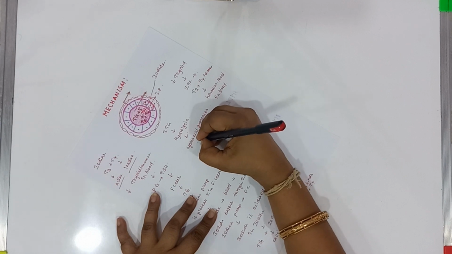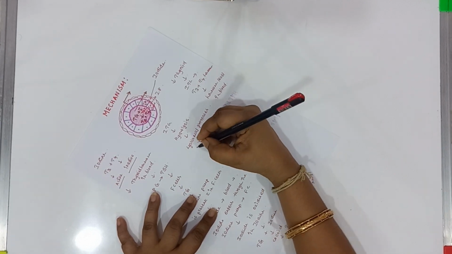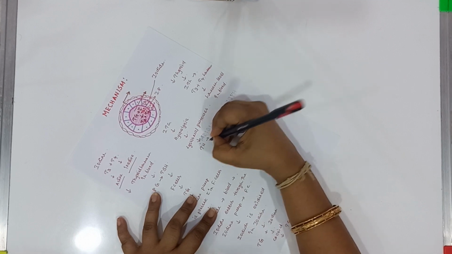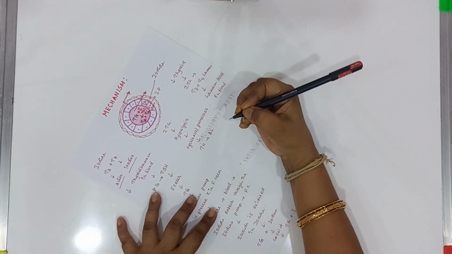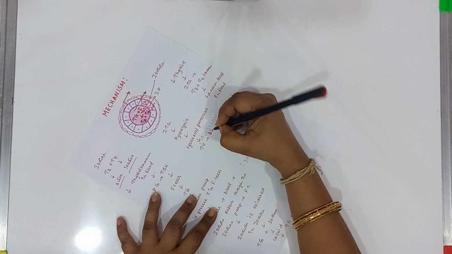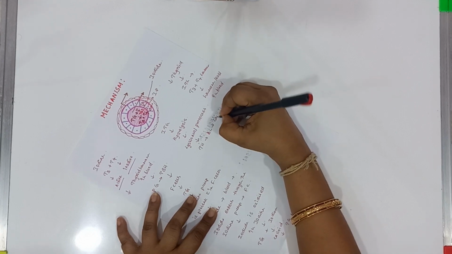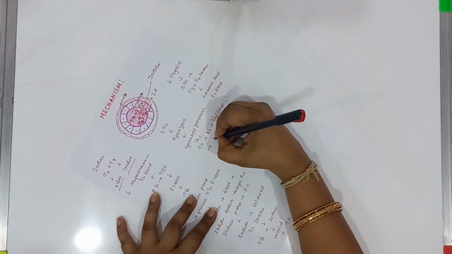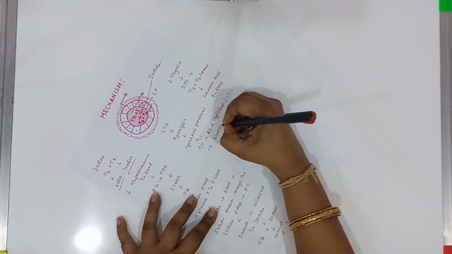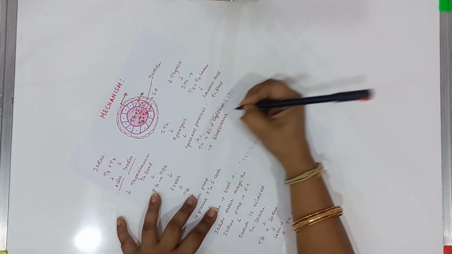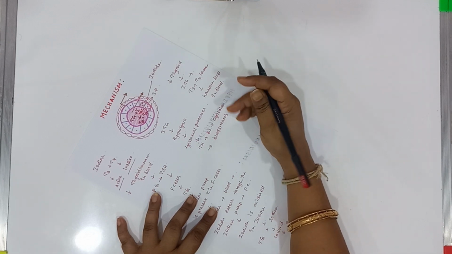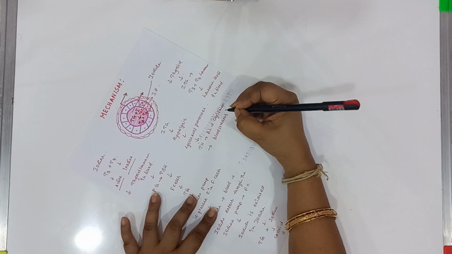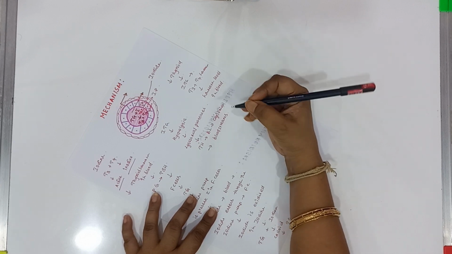After hydrolysis, the thyroid hormone is released into the basal lamina. From the basal lamina, it is released into the capillaries, and from the capillaries, it is released into the bloodstream. So this mechanism is the release of the thyroid hormones from the thyroid follicular cells into the bloodstream.